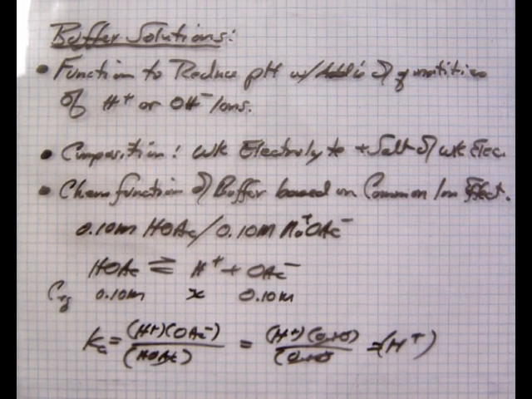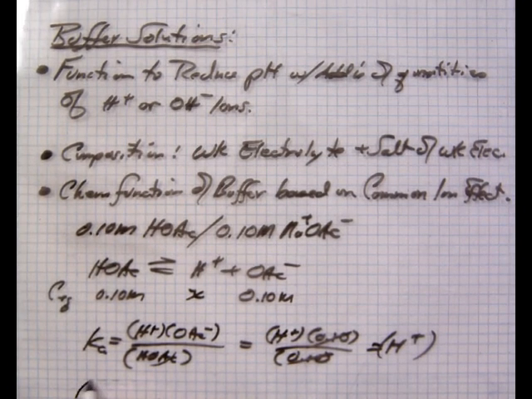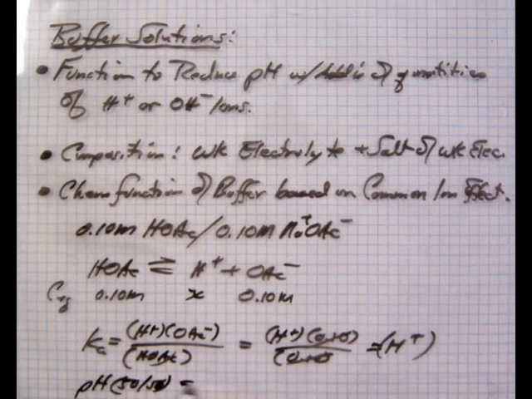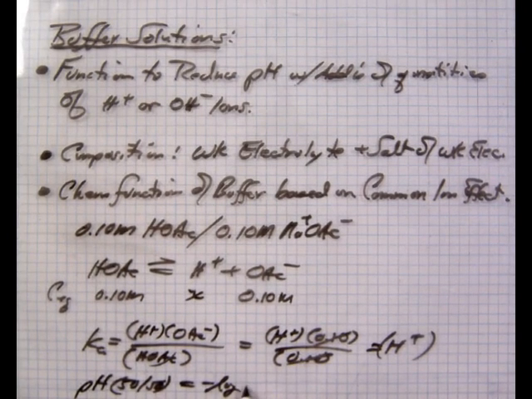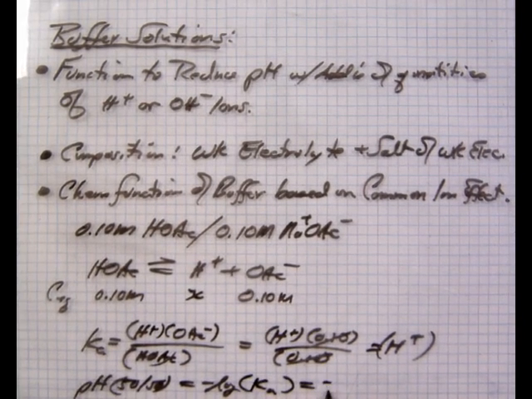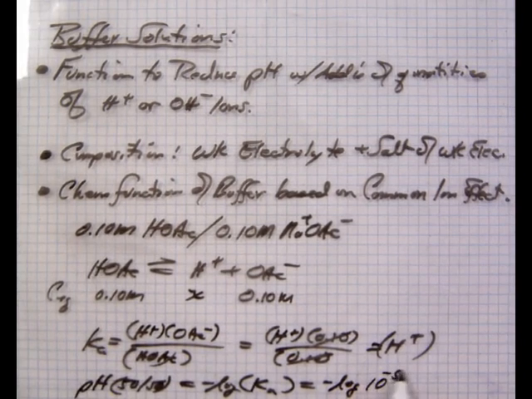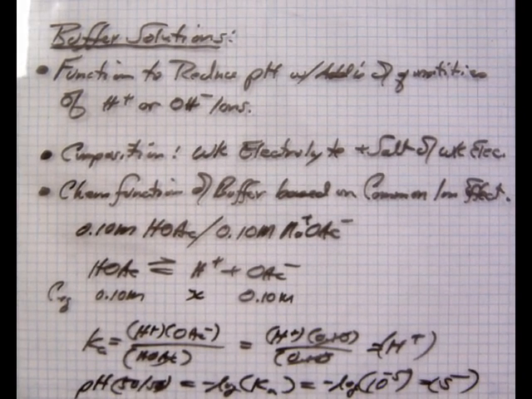But for a 50-50 buffer, it's really easy. They're equal to Ka, and so the pH of a 50-50 buffer is minus log of the hydronium ion concentration, or the Ka value, which is minus log of 1.8 times 10 to the minus 5. And so that would be a pH of about 5 is what you'd start with in that.